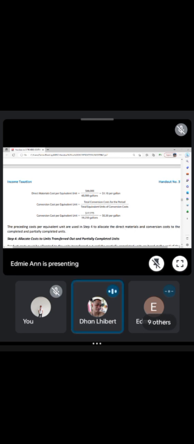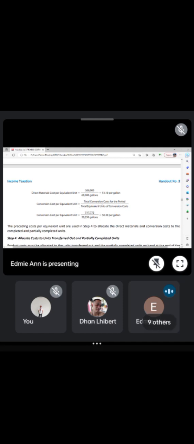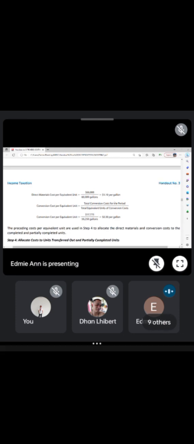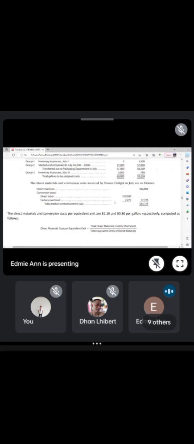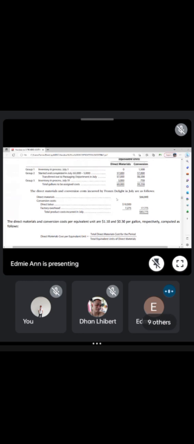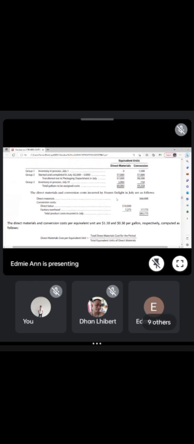Okay. Now let's proceed to the conversion cost. So still using the equation, i-assign gihapon. So the total conversion cost for the period, pila man ang total conversion cost for the period? 17,775, ma'am.